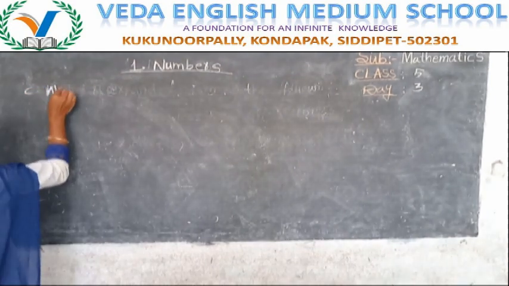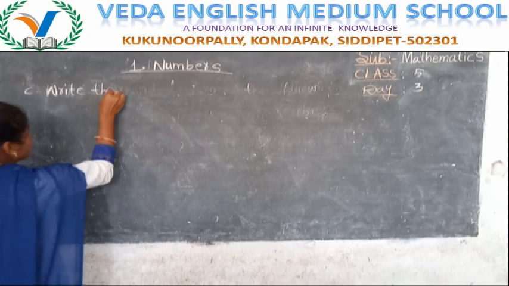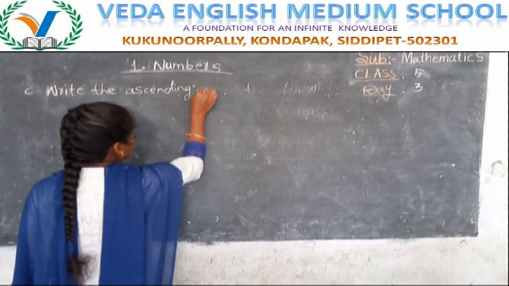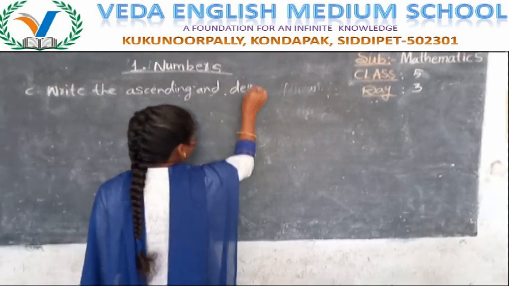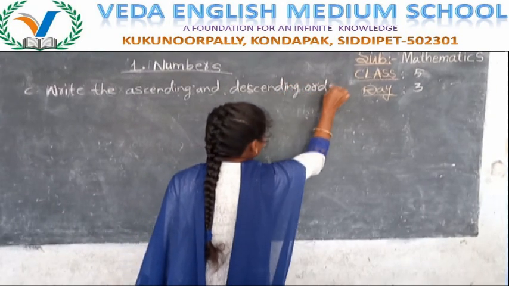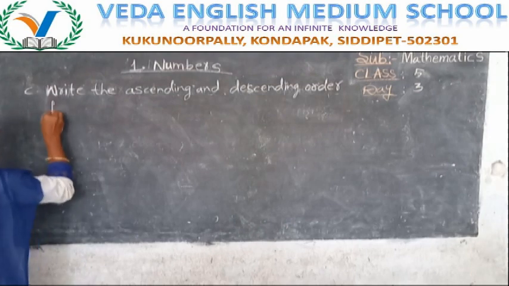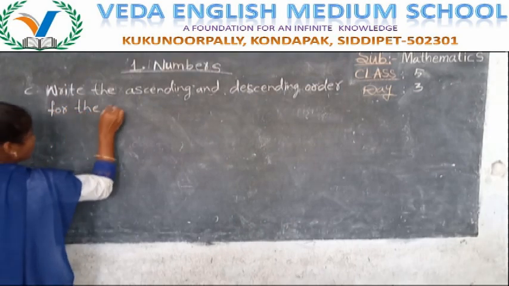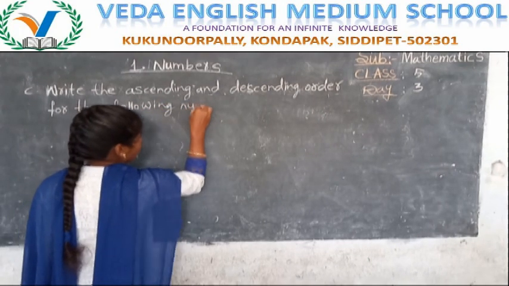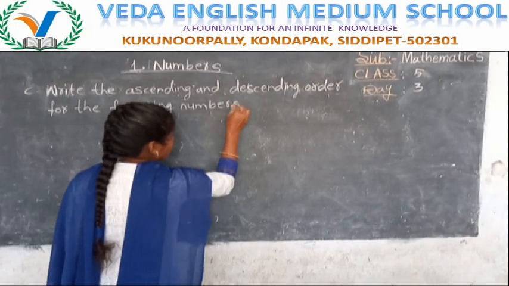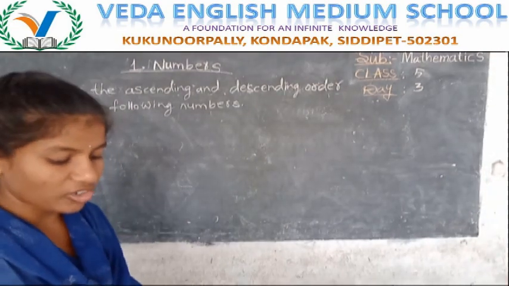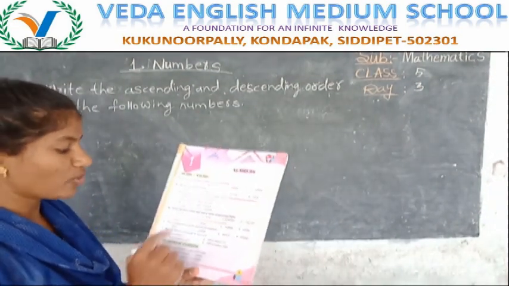In the third bit, what is the first question? How many problems are there? Four are there. I will explain one, the remaining are your homework.